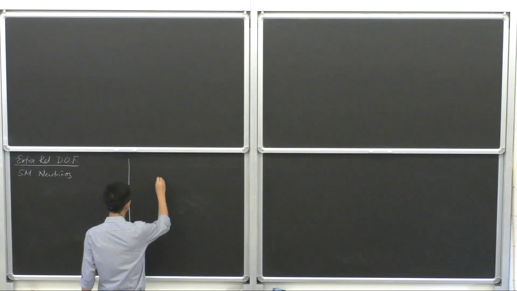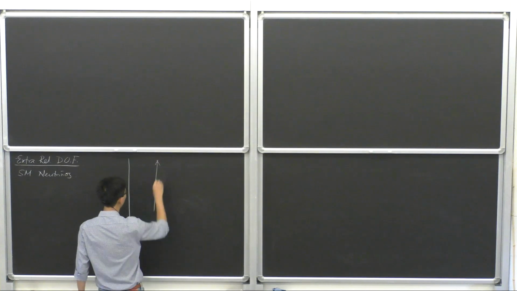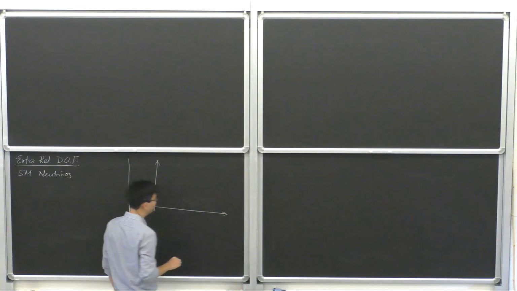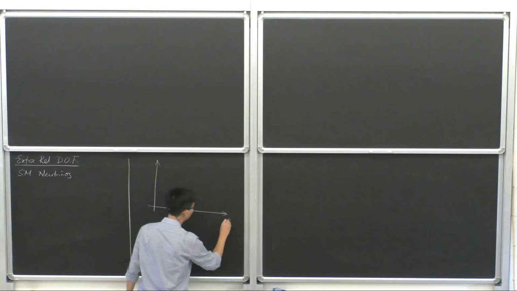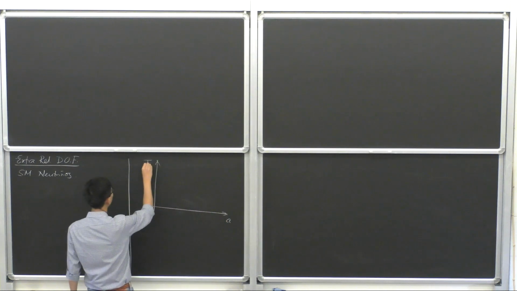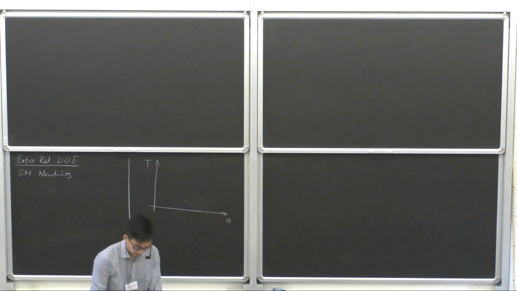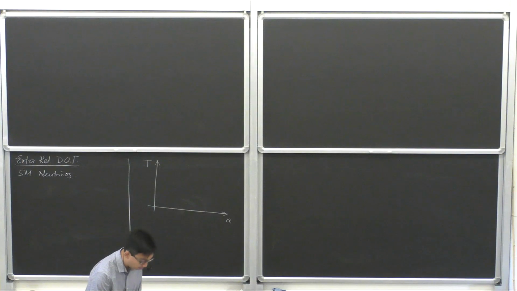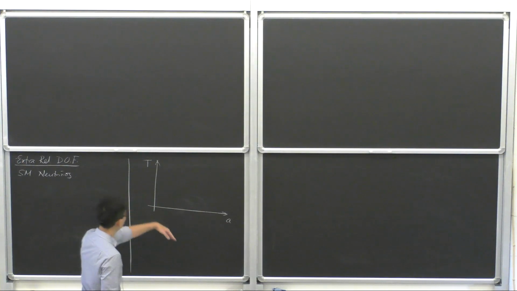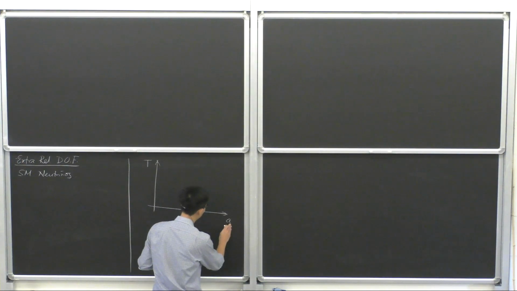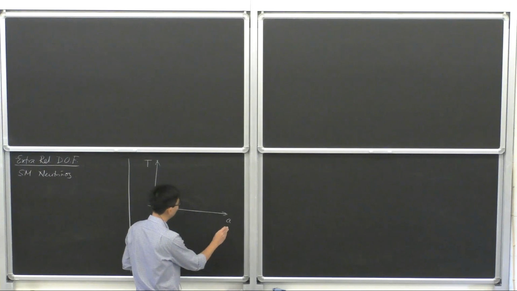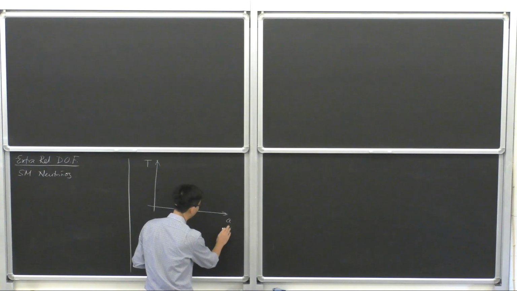Okay, and I'm just going to make a plot on the right here, which is scale factor and temperature. And I'm going to detail what happens as a function of scale factor, and I think a is a good choice.